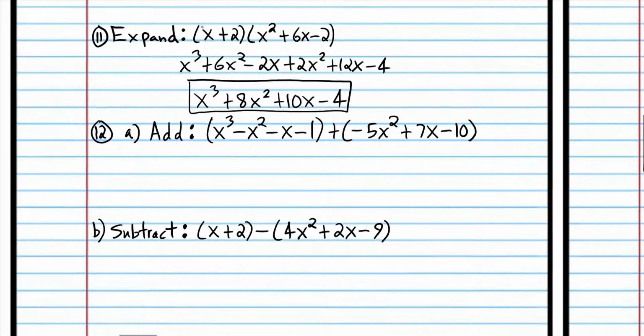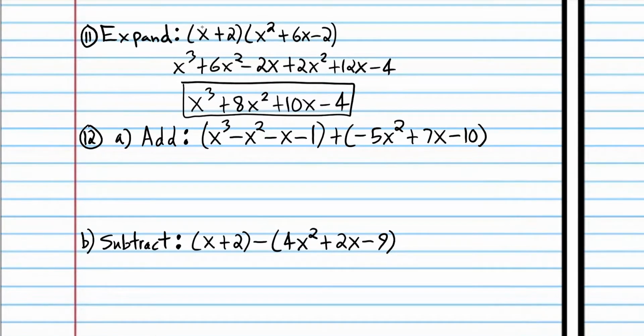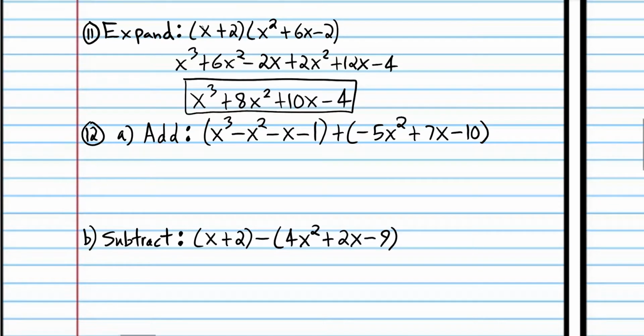All right, now we're going to add 2 polynomials, and be aware that you don't have to write parentheses here when you add 2 polynomials. The only purpose of writing the parentheses is to show you that we're adding one polynomial with another polynomial. All right? So what we can do is we can just get rid of those parentheses.